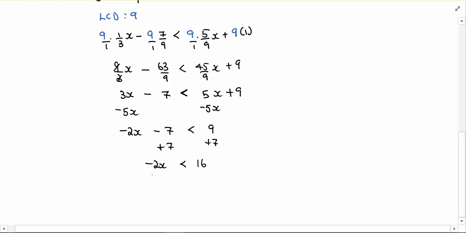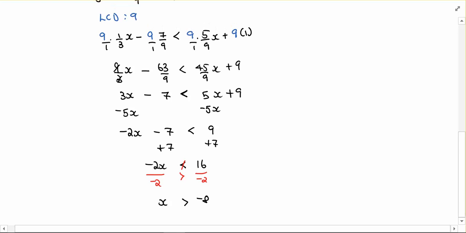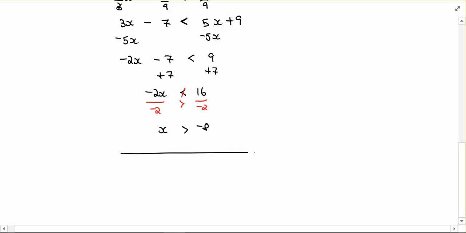And so divide by a negative 2. Now be careful. So we are going to divide by a negative, and so that means that symbol changes immediately. And so we have x greater than negative 8. So if you were to graph this, here is negative 8, greater, so greater is to the right.